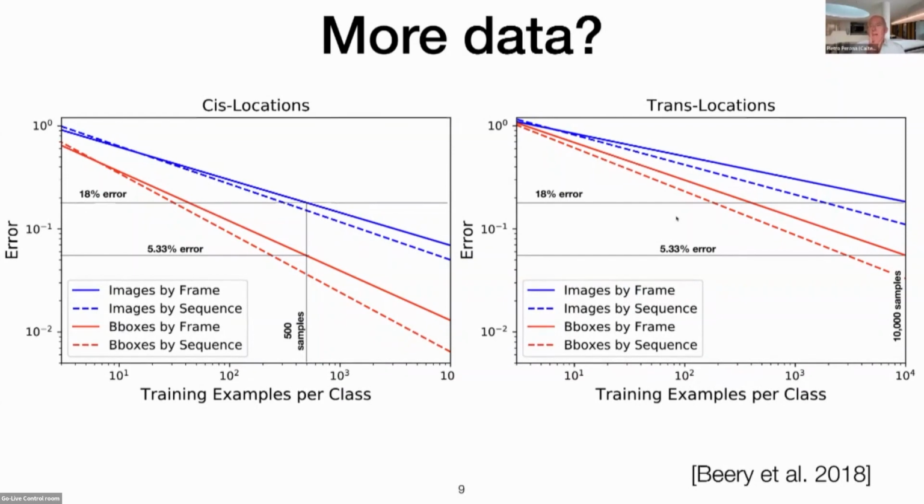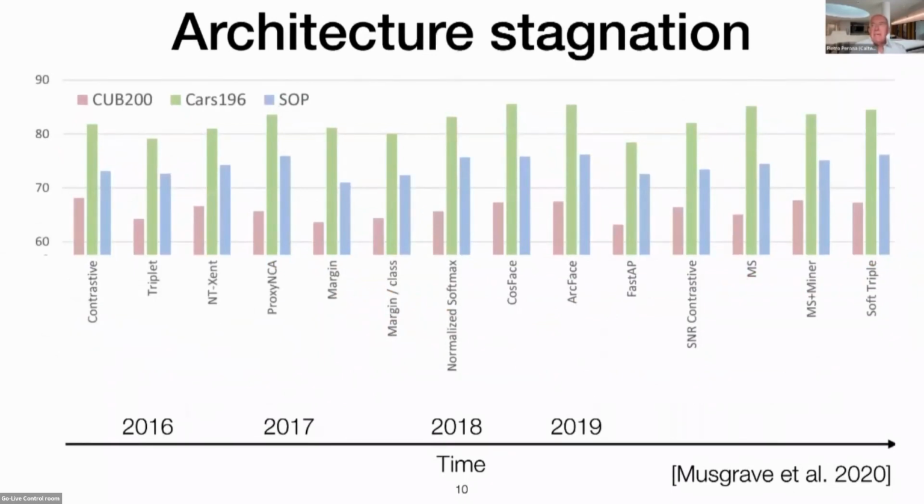Now, the second approach was to think about new architectures. There is a nice paper by Musgrave et al., with the senior author being Serge Belongie, showing that since 2016 until now, we have very little, if any, progress at all in the performance of algorithms. The colored bars are different data sets, different test sets. The vertical axis is the accuracy of different architectures.